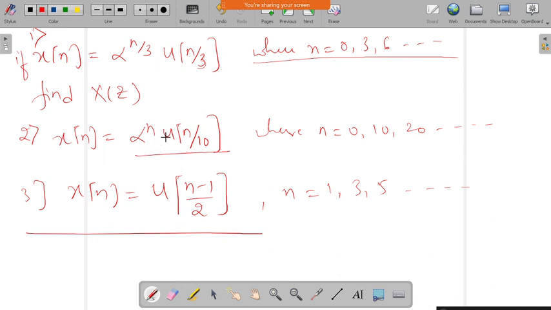Here alpha power n is there, no? So alpha power n means you have to apply scaling in the z domain again. You need to apply that and get it. Okay, is it clear? You try to solve this, and if you don't get it, we'll try to solve in the next class.